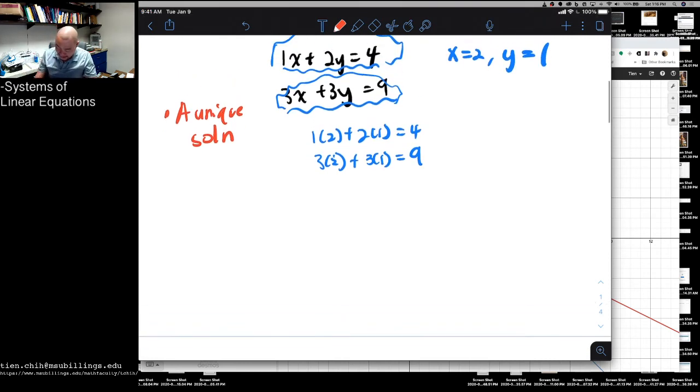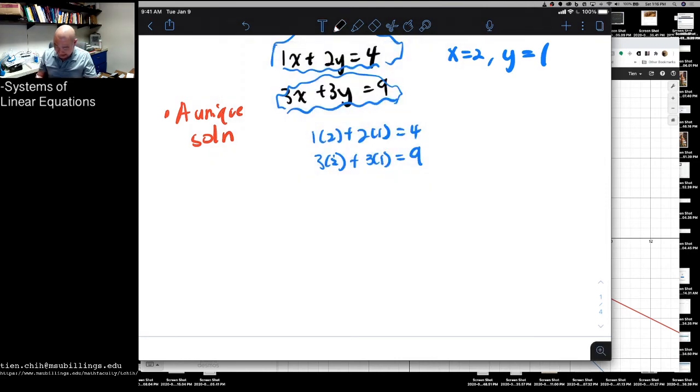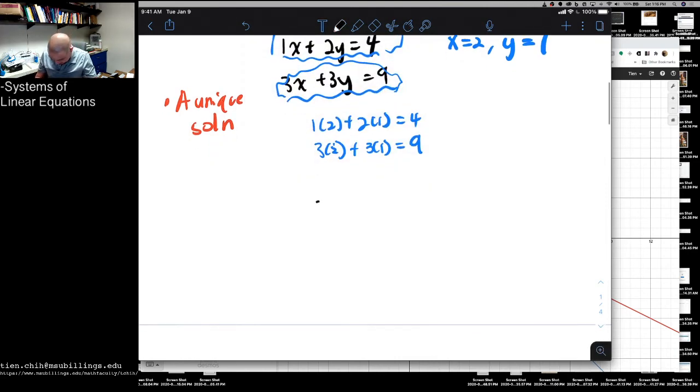The other thing that could happen is, let's come up with a new system. 2x minus y is equal to 8, and 6x minus 3y is equal to 24.